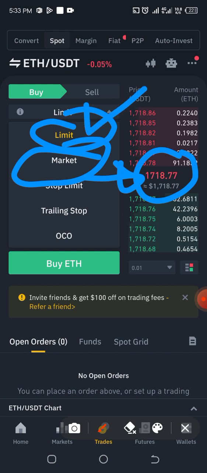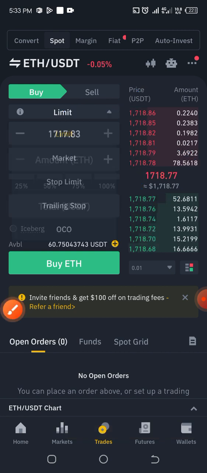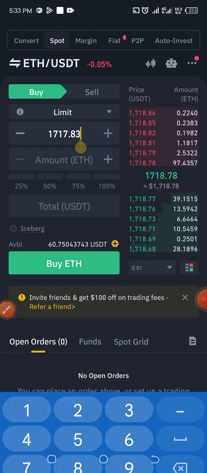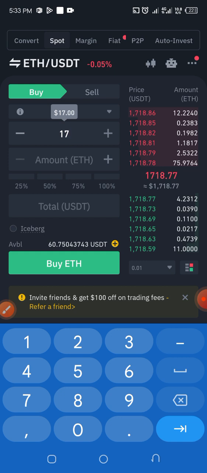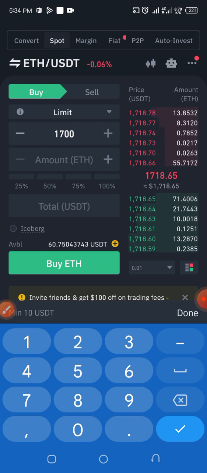Meanwhile, when I want to use the limit order, it is different. If I select limit order, I can come here and say that I will buy Ethereum only if Ethereum reaches 1700 sharp. I want it to first reduce to 1700 sharp, and if it reaches 1700, I'm going to buy Ethereum worth maybe 50 USDT.